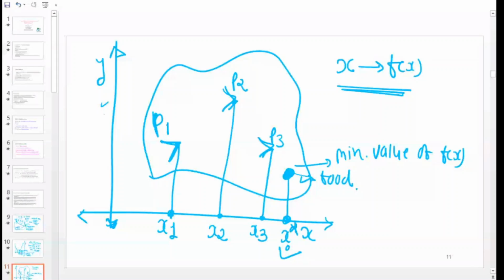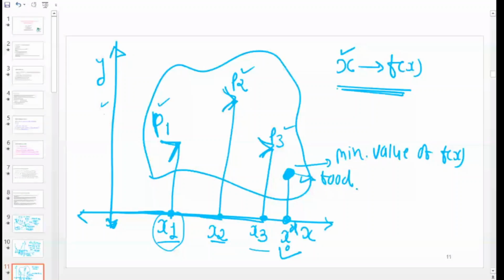So initially I consider three particles in this case, so I assume these three x values. It means I assume three particles, so three x values.